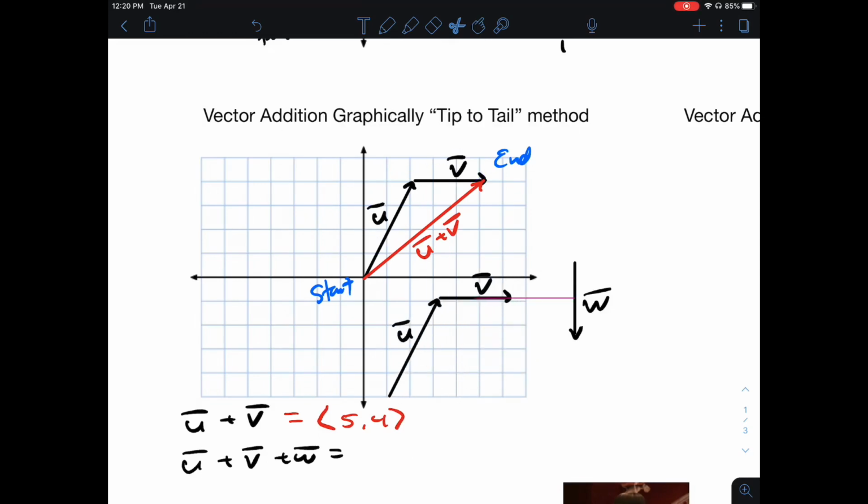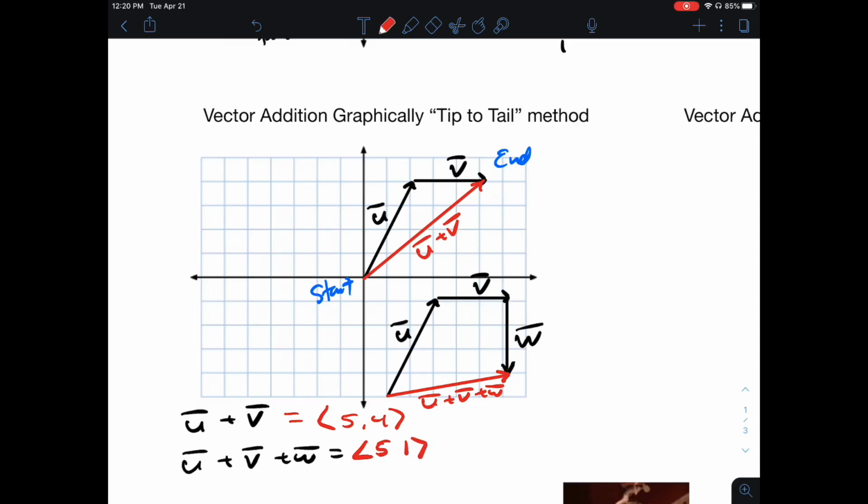Let me just put these someplace else. Origin's nice, but I don't want to cloud up my picture. So let's say that we have this. So we start here, we travel along U, and then V, and then we get down here to W. The result of this, also known as the resultant vector, would be this vector here, vector U plus V plus W, which would be going to the right 1, 2, 3, 4, 5, and up 1.